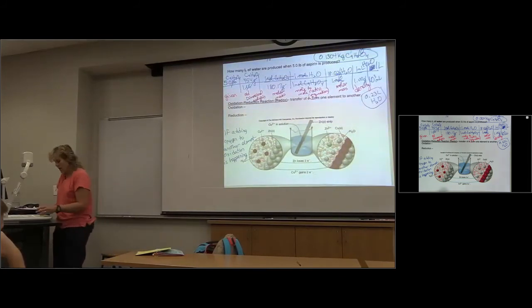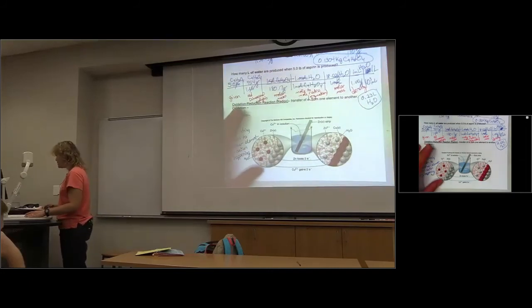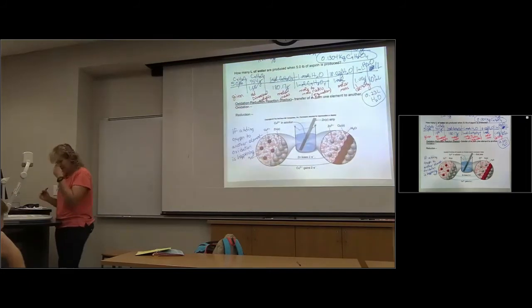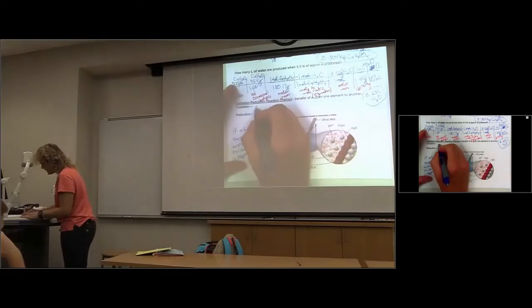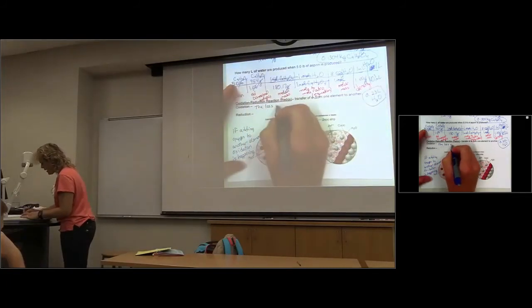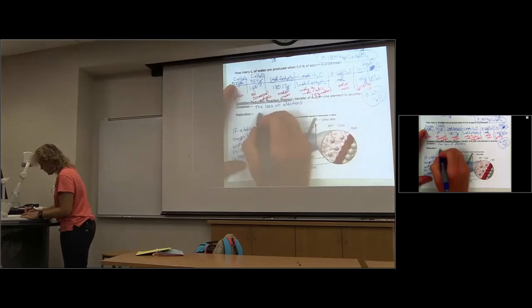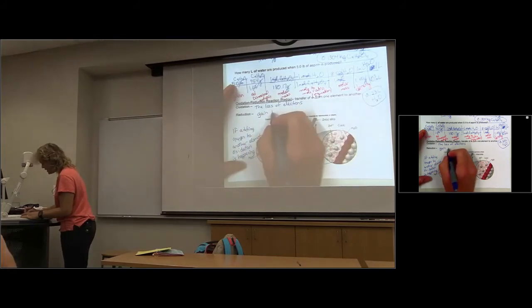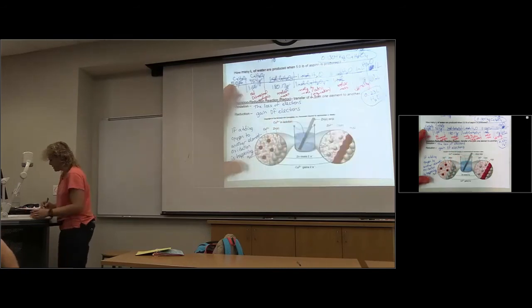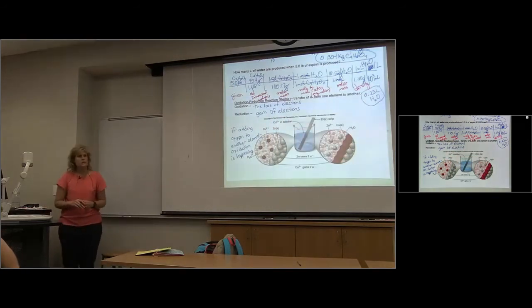Now then, what most of the time we write is oxidation is the loss of electrons. Reduction is the gain of electrons. Oxidation is the loss of electrons. Reduction is the gain of electrons.